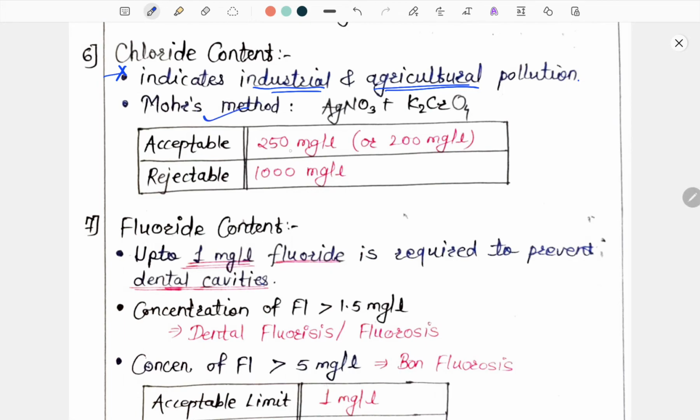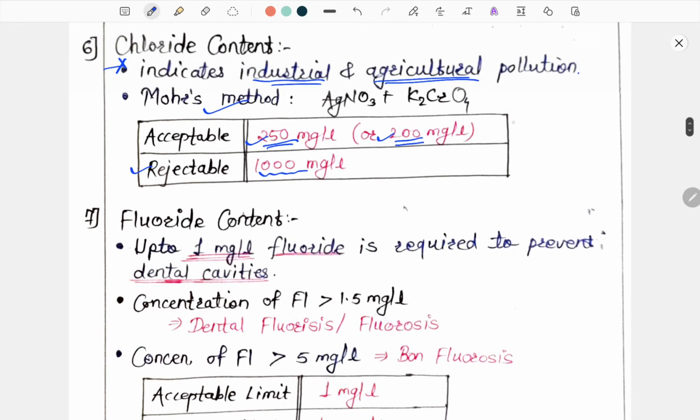Acceptable limit of chloride content is 250 mg per liter, or in some books it is given as 200 mg per liter. So both will be correct. Then rejectable limit of chloride content is 1000 mg per liter. Remember this acceptable and rejectable limit of chloride content.